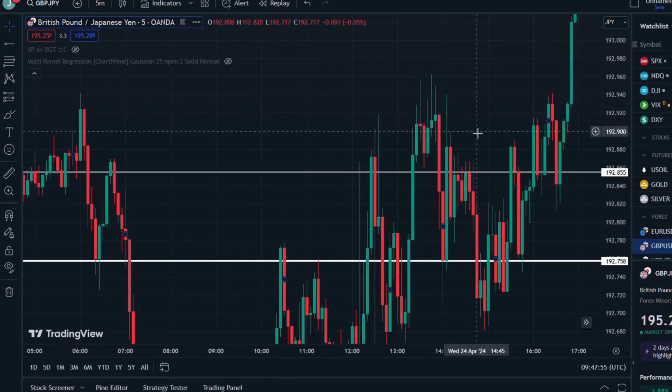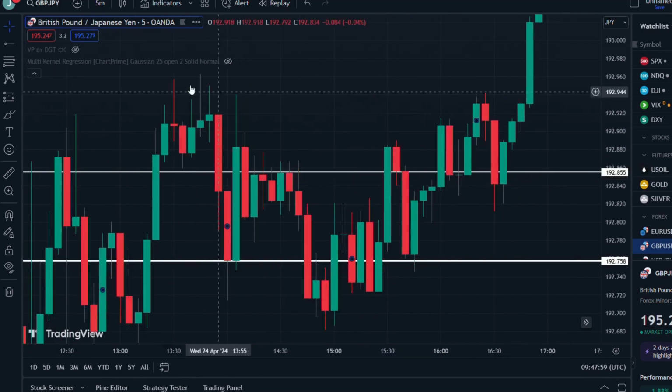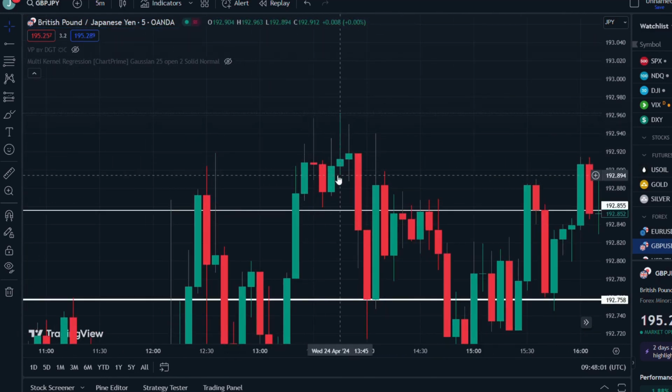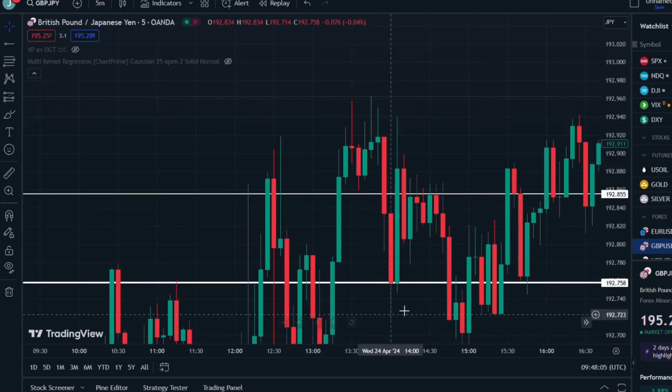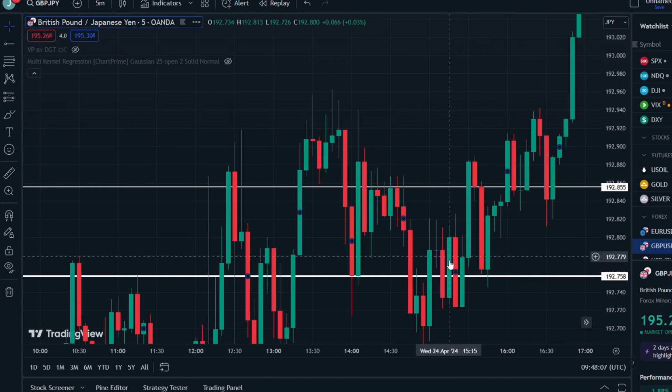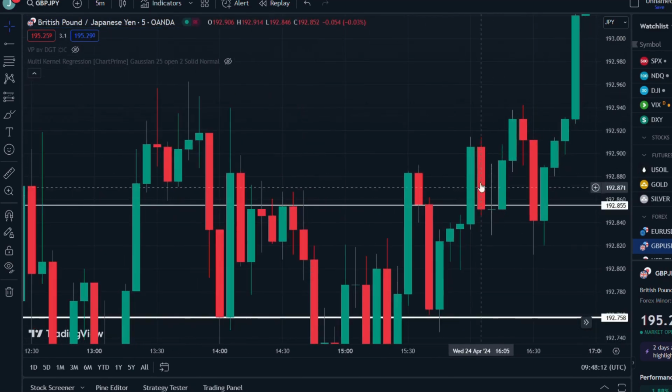If you're waiting for confirmations, you will not open a trade here, because these candlesticks are not good enough for an uptrend. You couldn't have losses here, and here you can understand that there is more potential due to these candlesticks, the red one and the 2 or 3 green candlesticks.